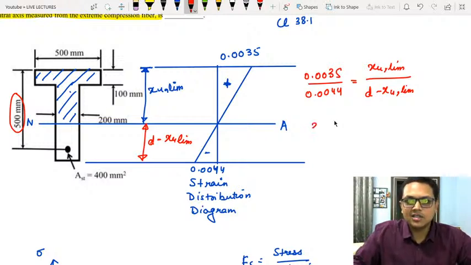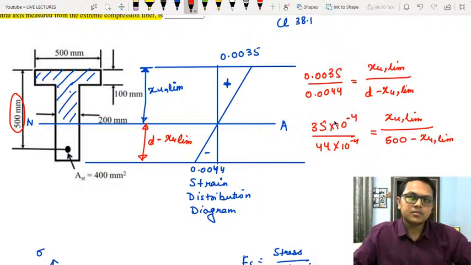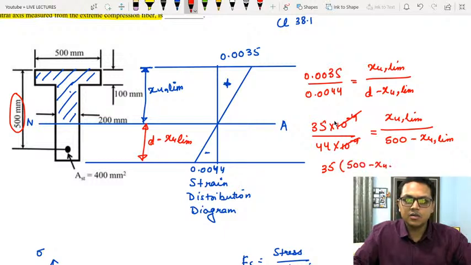So 35 multiplied by 10 raised to the minus 4 divided by 44 multiplied by 10 raised to the minus 4 is equal to XU limiting divided by D, which is given as 500 mm, minus XU limiting. Both the 10 raised to the minus 4 cancel out. So 35 multiplied by 500 minus XU limiting will be equal to 44 multiplied by XU limiting.